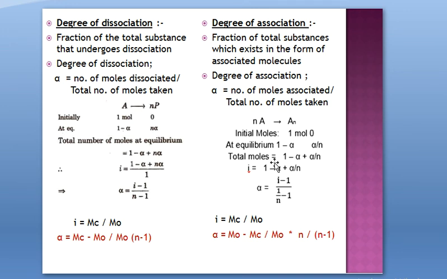Using the equations of equilibrium, we get alpha equal to (i minus 1) divided by (1 by n minus 1). Substituting the value of i, which is Mc divided by Mo, we get the degree of association alpha equal to (Mo minus Mc) divided by Mo, the whole thing multiplied by n divided by (n minus 1).